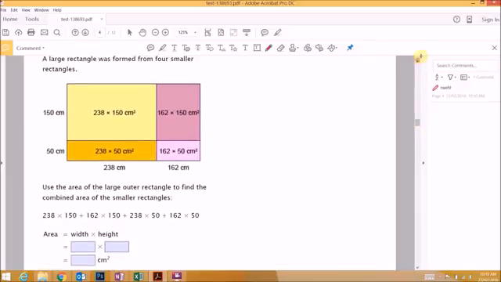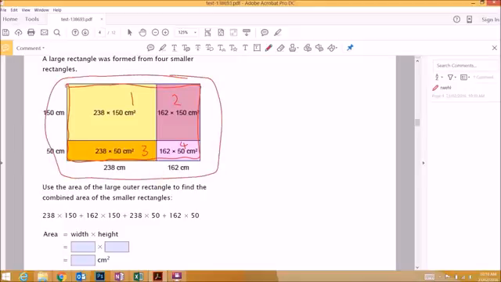A large rectangle was formed from 4 smaller rectangles. Okay, so here is our large rectangle. And then we've got our 4 smaller rectangles. And it says use the area of the large outer rectangle to find the combined area of the smaller rectangles.